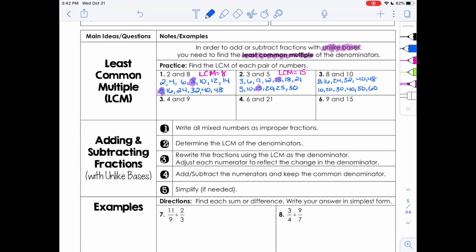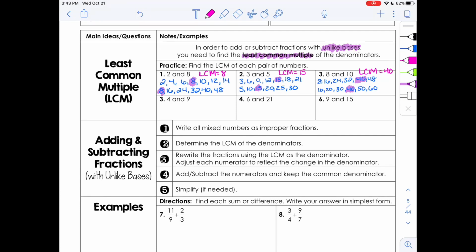And then again, comparing these two lists and finding the smallest number they have in common. The smallest multiple that 8 and 10 have in common is 40. So our least common multiple equals 40.